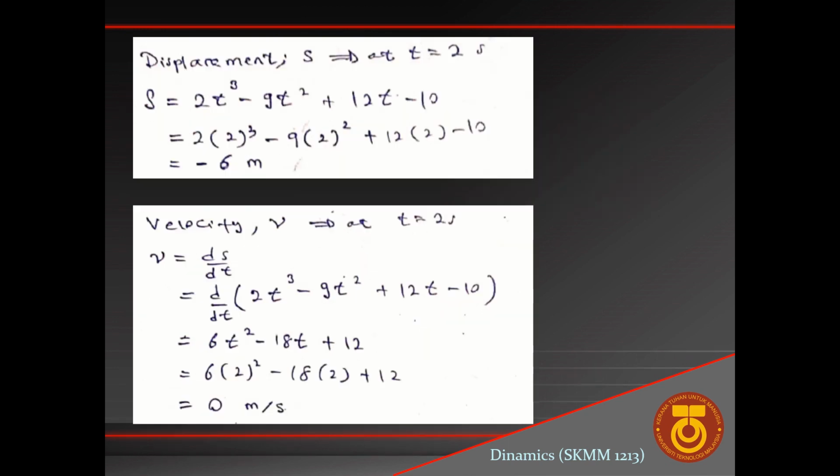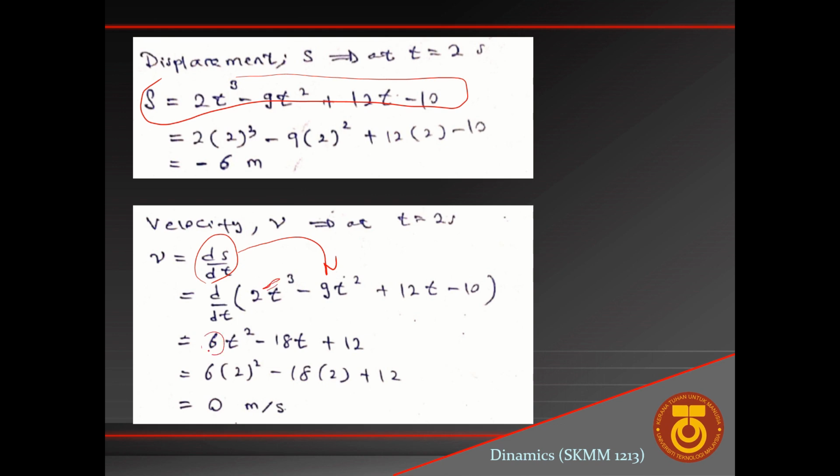But for the velocity, from this equation of displacement, you have to do ds/dt. Differentiate the s, you get the v. This is the equation for s, and then you will get 3 times 2 here.